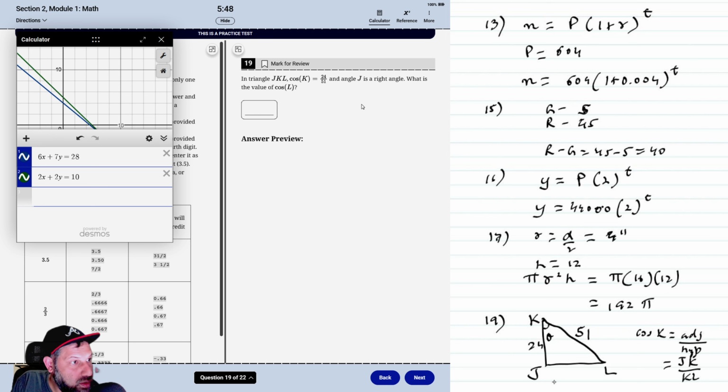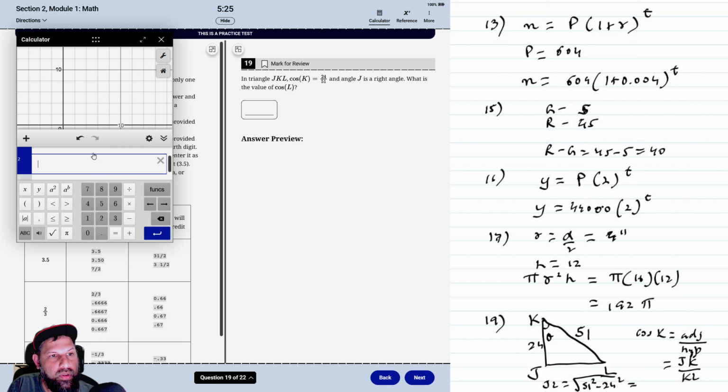So the value for JL is going to be the square root of the hypotenuse squared minus the other side squared, so 51 squared minus 24 squared. That comes out to be 45.